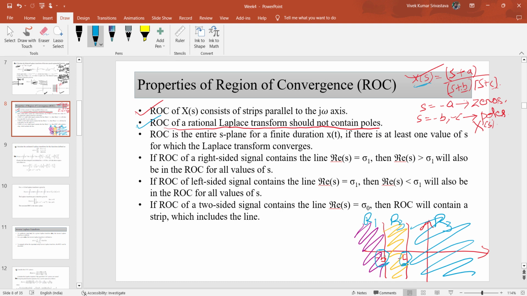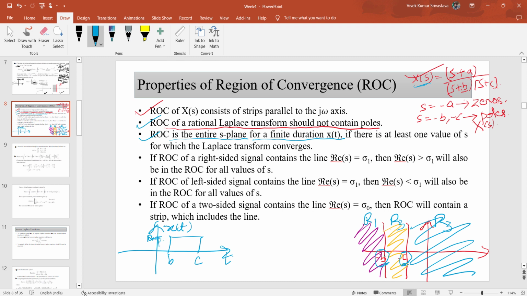Now the third property is that the ROC is the entire s plane for a finite duration x of t. Let us suppose here is the signal x of t, which is defined only for a finite value of time from b to c, and here is the amplitude.